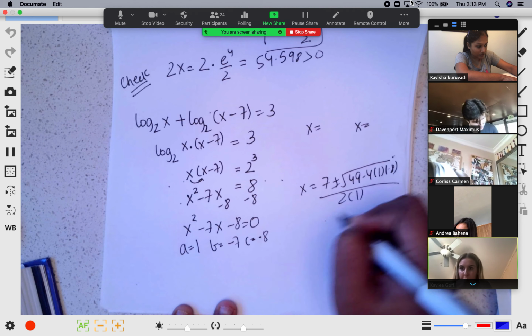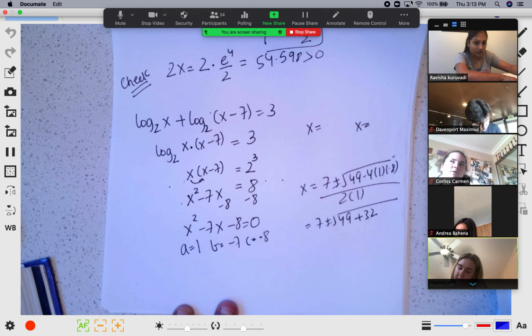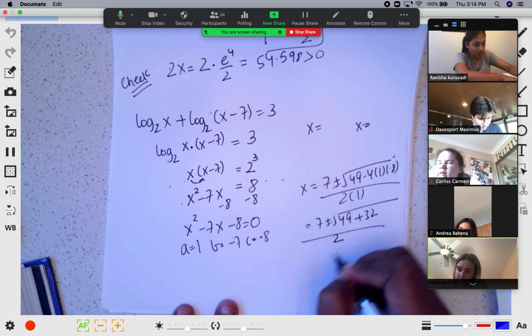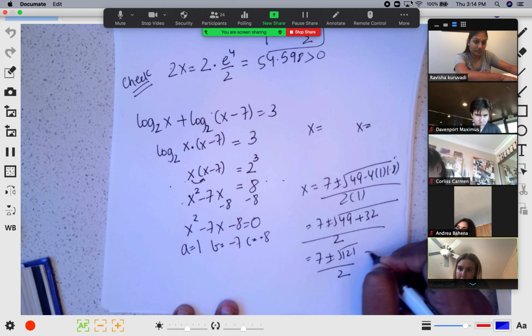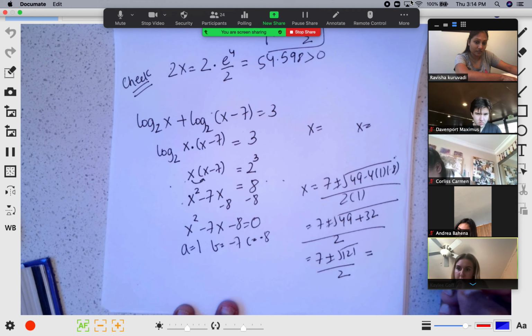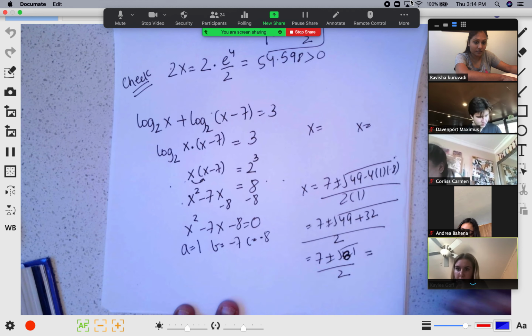So it becomes 49 plus 32, right? Yes. Over 2. So you get 7 plus or minus square root of 121 over 2. No, it's 81, sorry, 81. Did you get this thing?